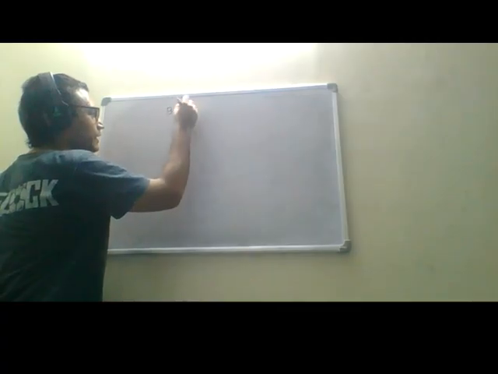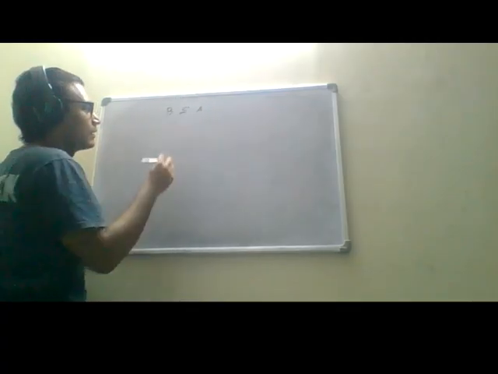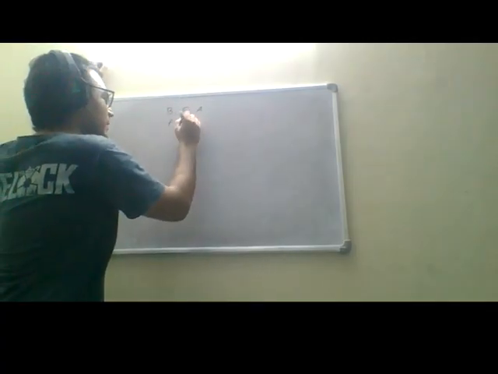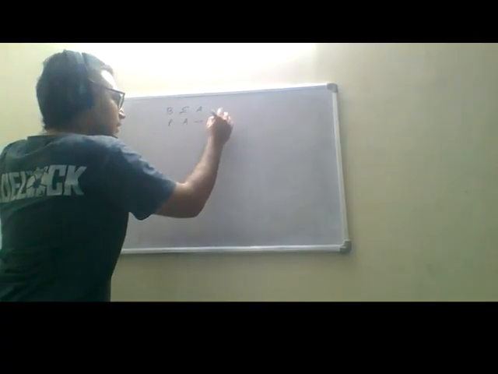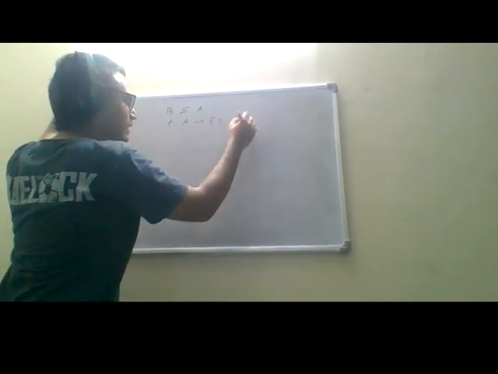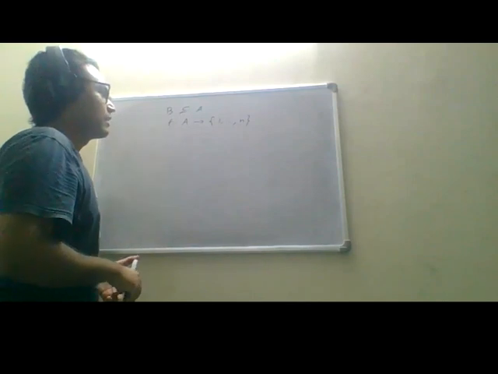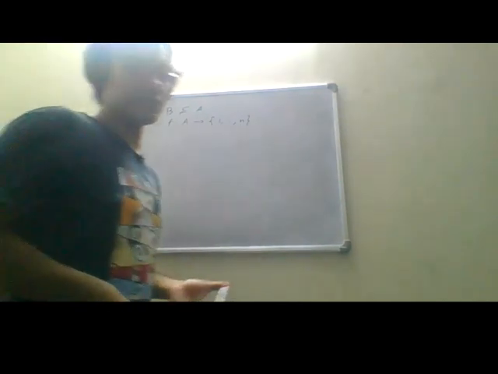And if B is a proper subset of A, and A happens to have a bijection with N, so it has cardinality N by definition, right? Then what does the lemma say?